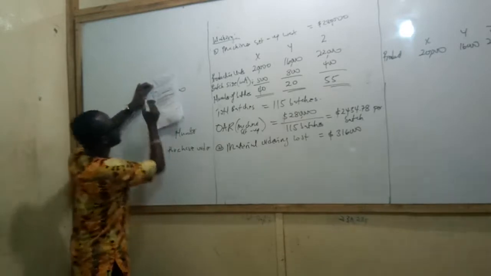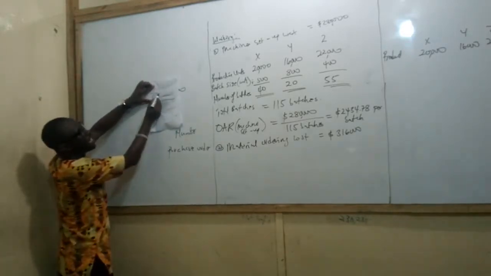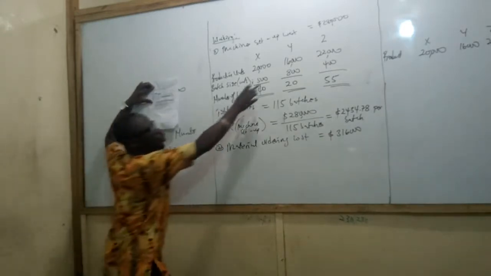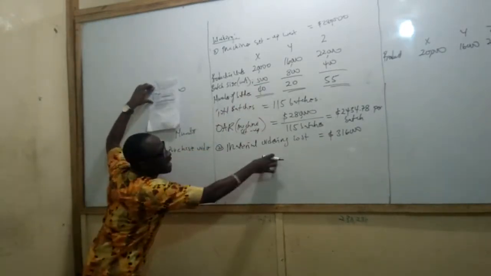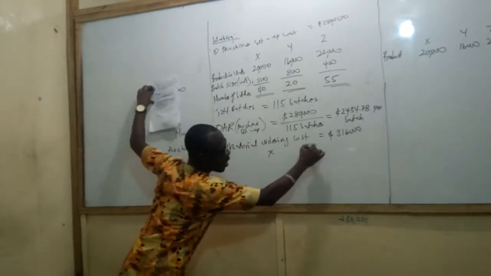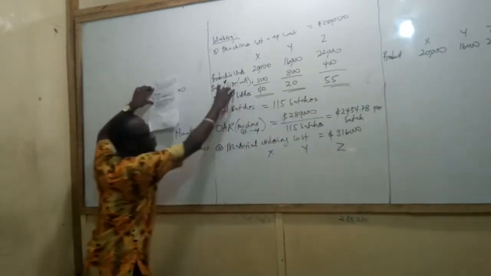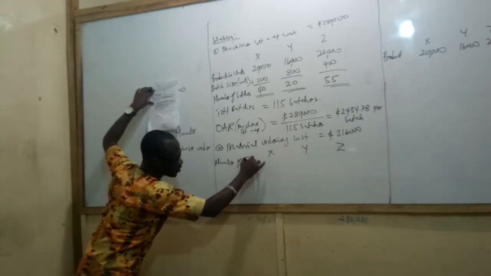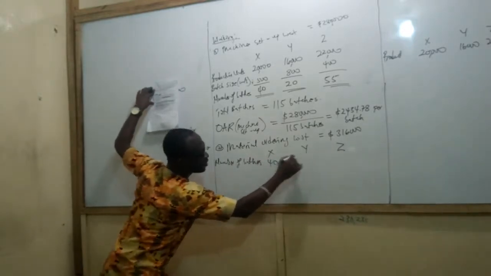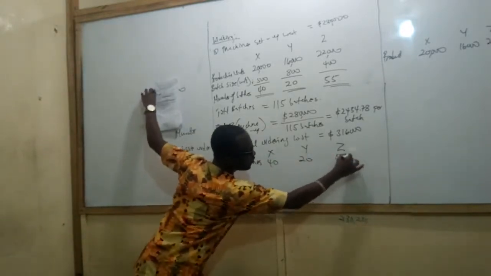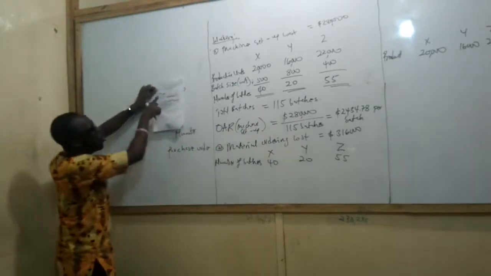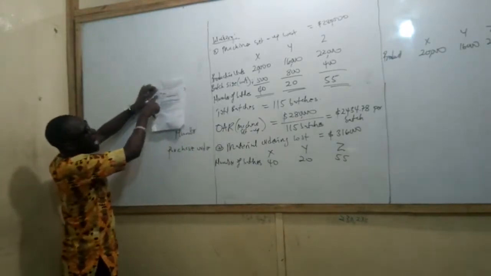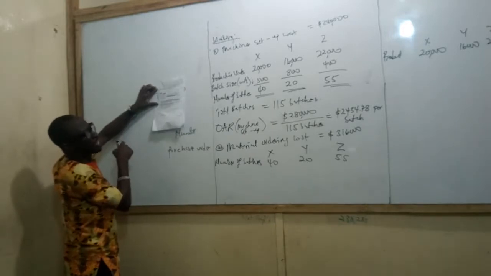That's the key word, per batch. So you need to bring these up: X, Y, Z. And bring the number of batches there: 40, 20, 55.